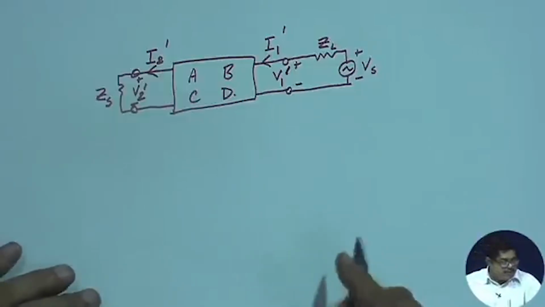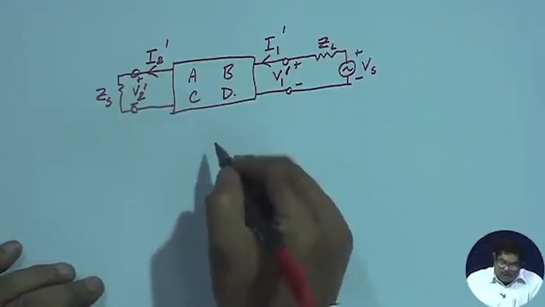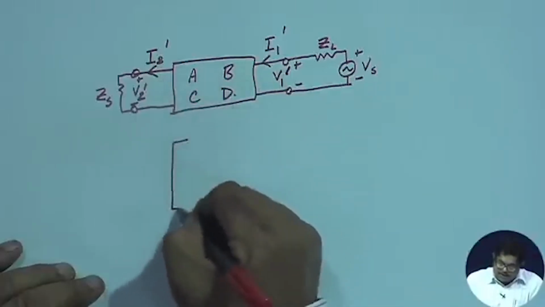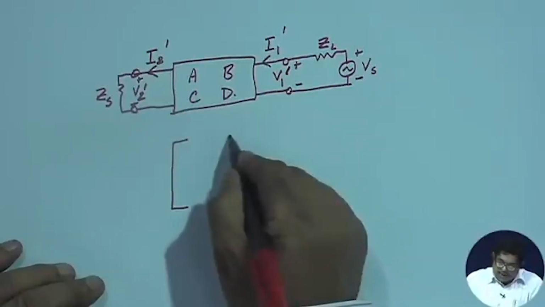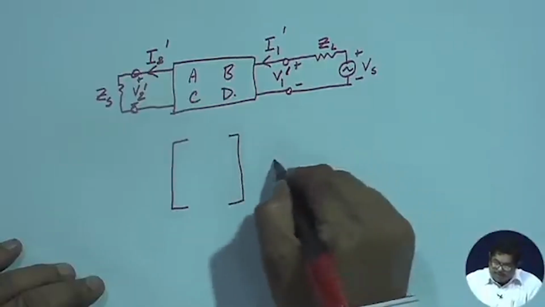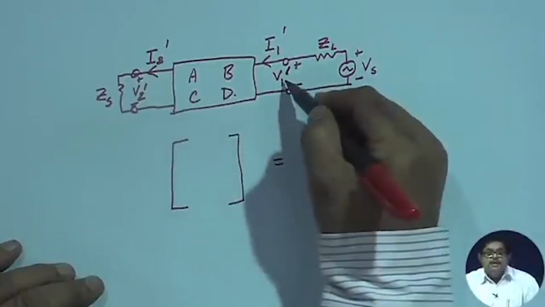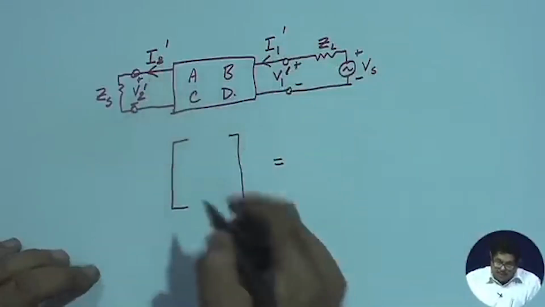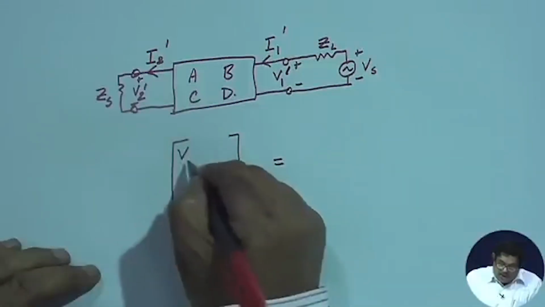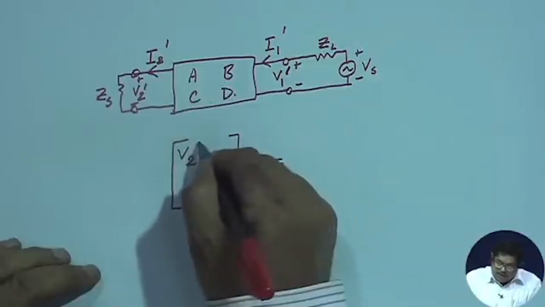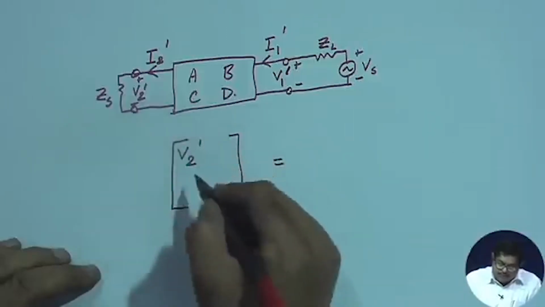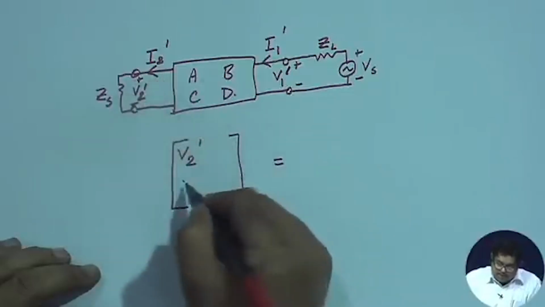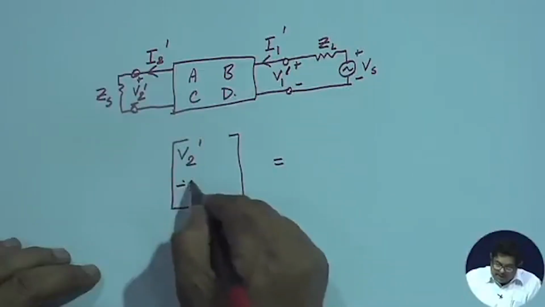Okay. So, now the ABCD parameters are unchanged. Can I say that in terms of the ABCD parameters I can represent V1 dashed, I1 dashed, V2 dashed, I2 dashed? How? I will write V2 dashed, and then you see compared to the previous case it has changed.